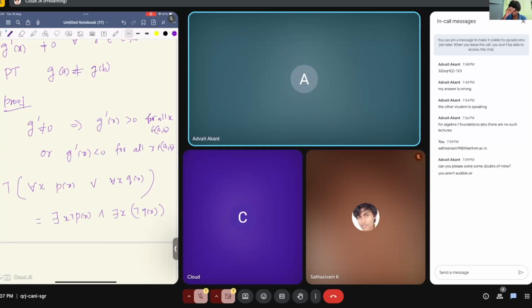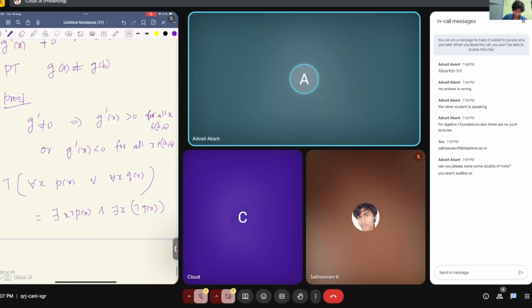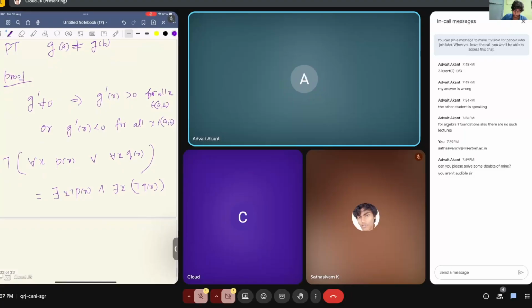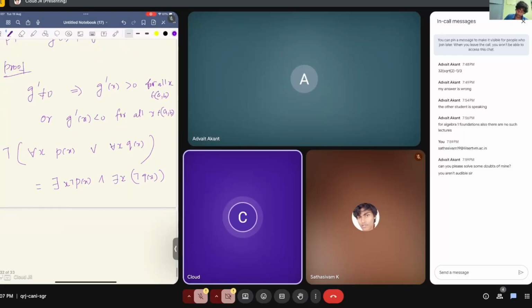So what should I assume? I should assume that g dash x is less than or equal to 0, and it is greater than or equal to 0 for some x.